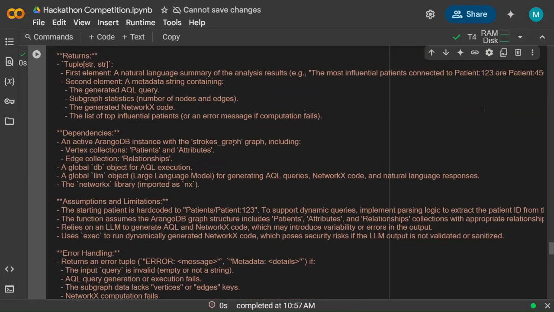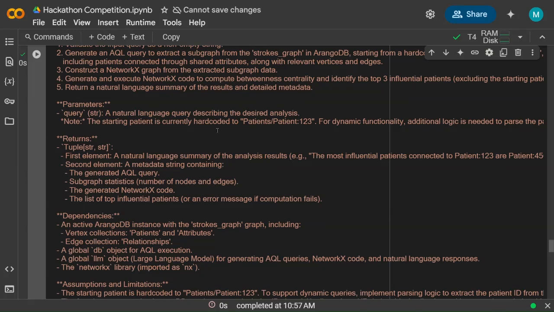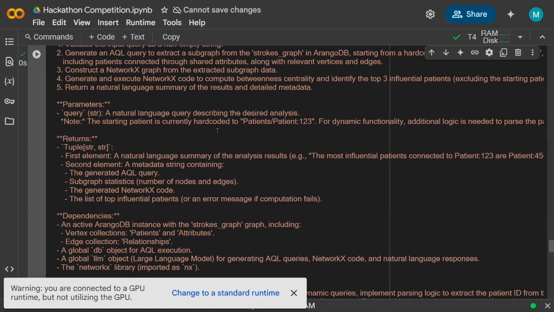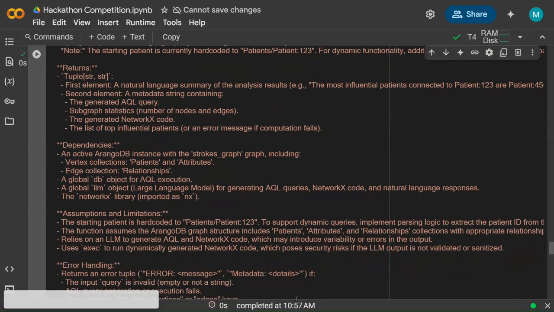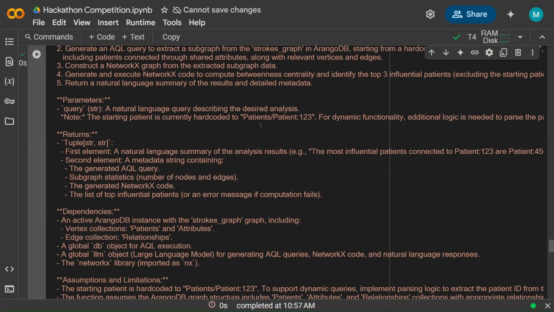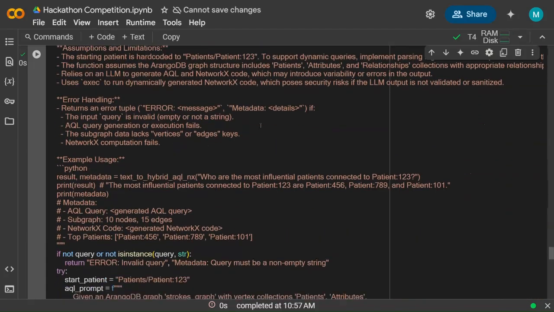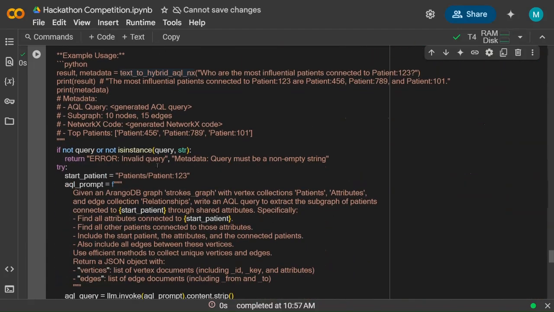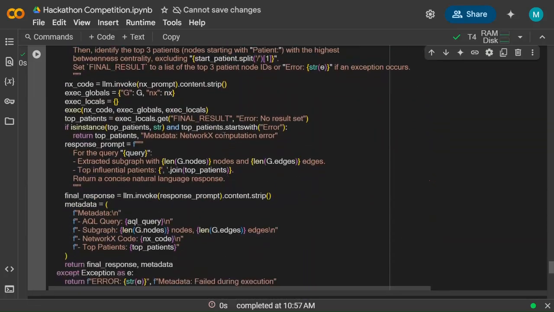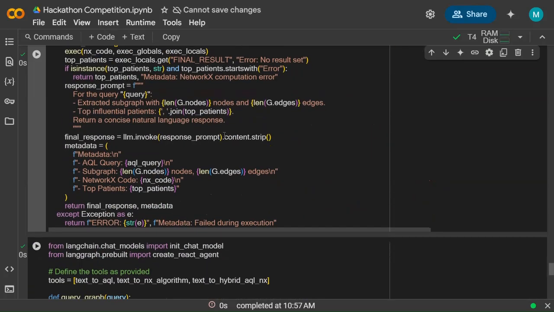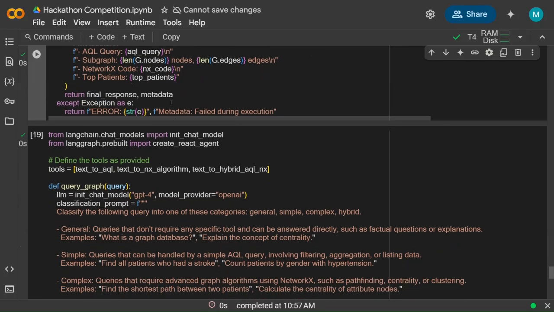In the official documentation itself I have seen a lot of examples, so I copied some of the data from there so that this would work very well. So as usual guys, I have published this exact notebook in my GitHub repository, which would be mentioned in the competition markdown itself. So have a look.